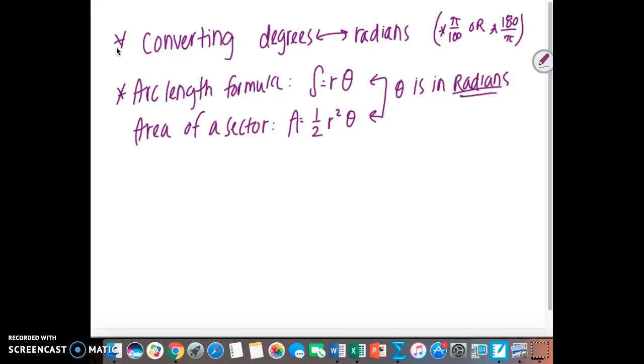So if you are given your theta in degrees, you must convert to radians before using the formulas. That was a huge mistake we saw in the quizzes that you guys have taken.